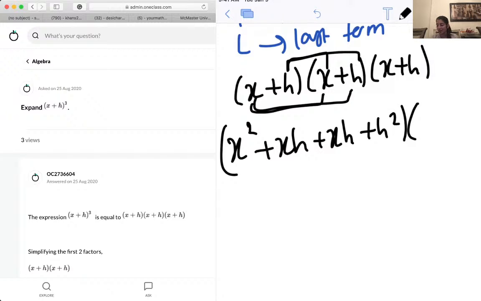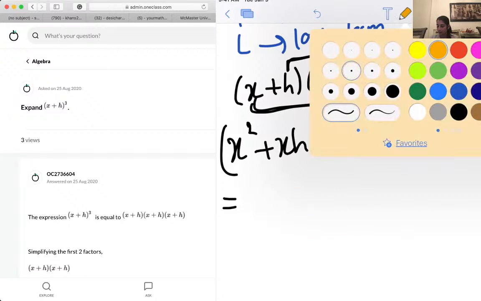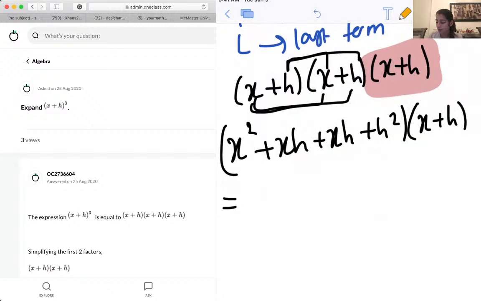Again, don't forget times x plus h, because some people just forget to bring this part down, and that's where they go wrong. So now we're going to do the same thing again. X squared plus xh. So x squared times x is x cubed, and then we're just going to do that with all of the terms.